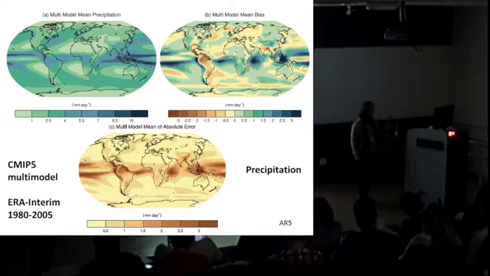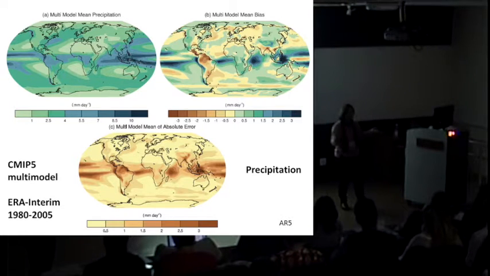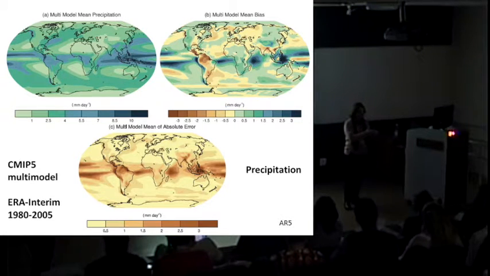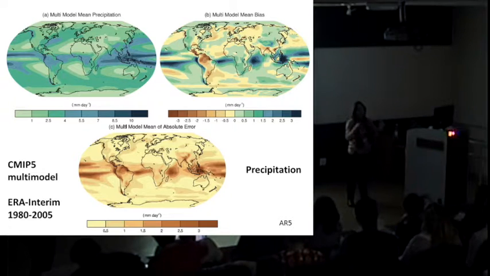Yeah, but when we do this calculation, we regrid all the models to the same grid, because otherwise we couldn't compare. If the model has a higher resolution, we will smooth it to the lower resolution.